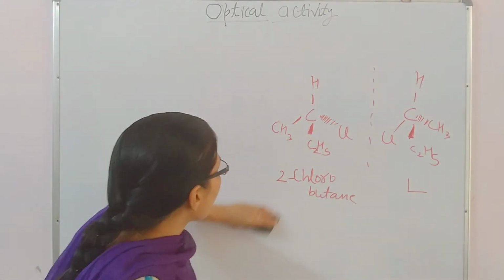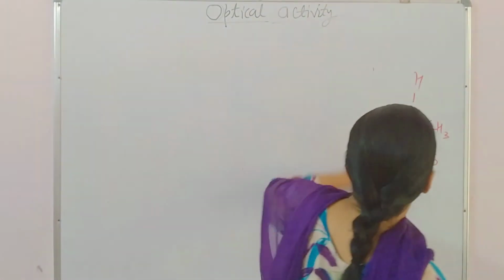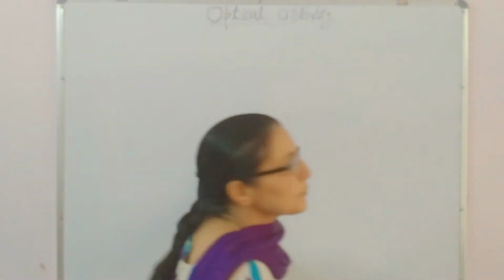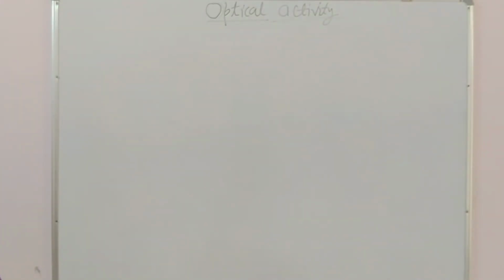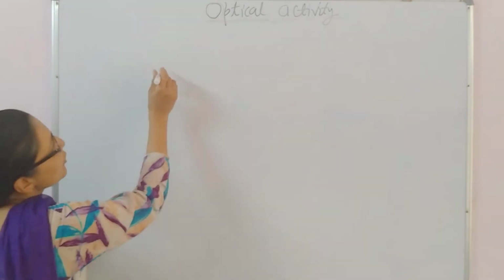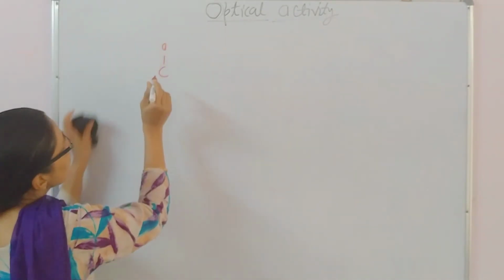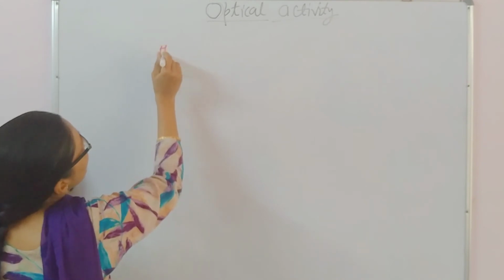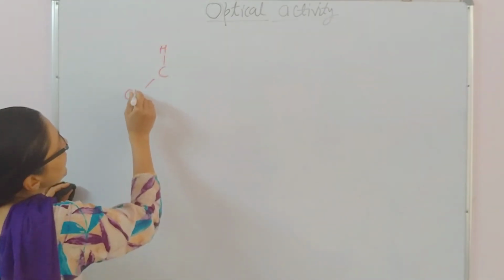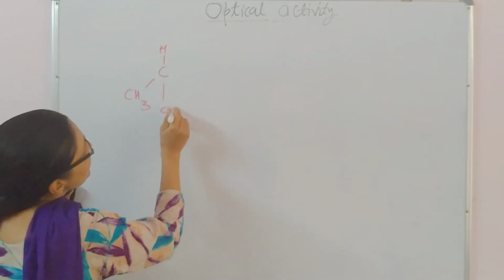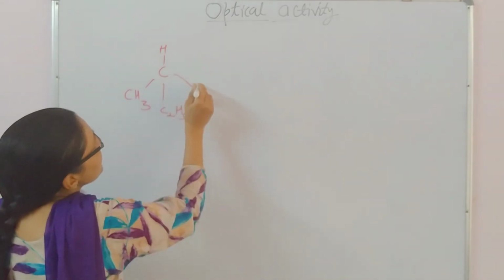Now we are doing some process of chemical reaction. Here there is an optically active compound, for example A, the particular example I am taking, CH3, C2H5 and Cl.